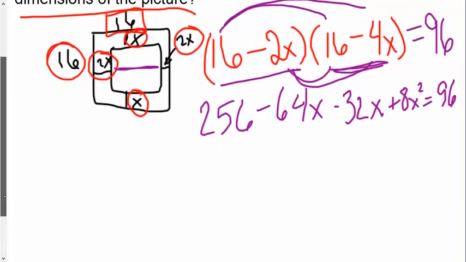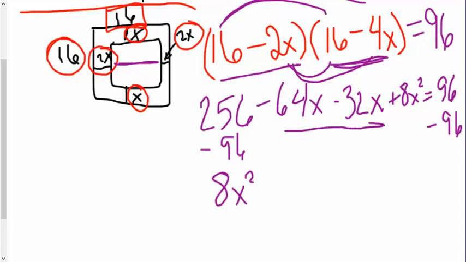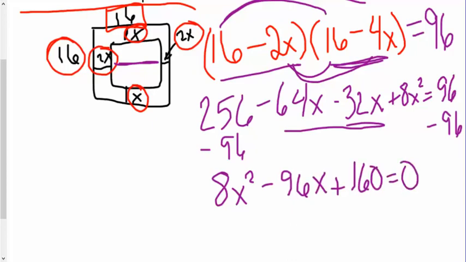Now I'm going to automatically subtract the 96 because I'm trying to get everything to one side so that I can solve. So I'm going to combine everything in one fell swoop here. My 8x squared goes out front, then I combine these two terms to make it a negative 96x, and then plus 160 equals 0.